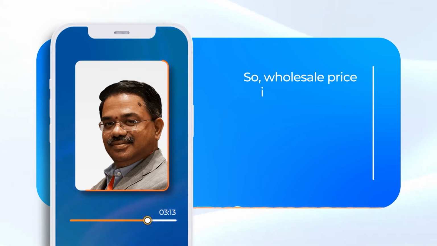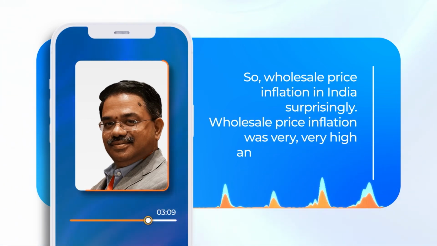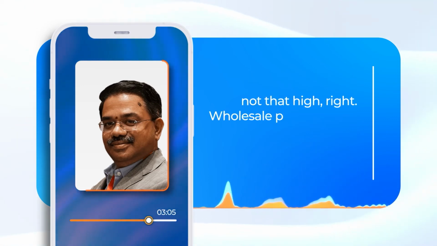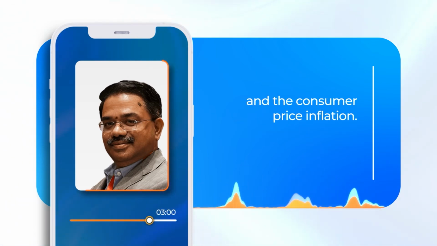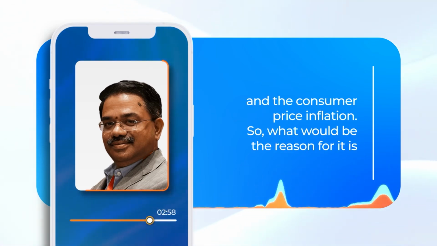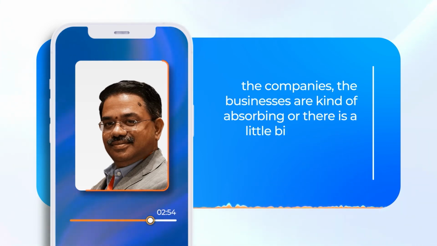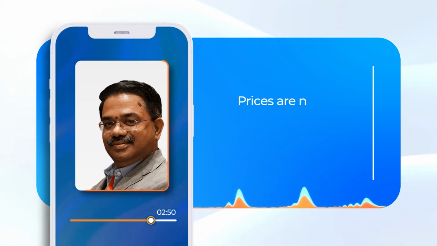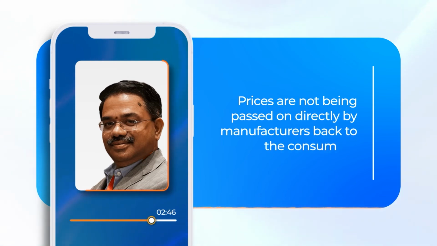Surprisingly, wholesale price inflation in India was very, very high, and consumer price inflation was not that high. Wholesale price inflation was in double digits, 14-15%. So what would be the reason for it? Either the businesses are absorbing it, or there is a little bit of a taxation cushion when it comes to the consumer. Prices are not being passed on directly by manufacturers back to the consumers.